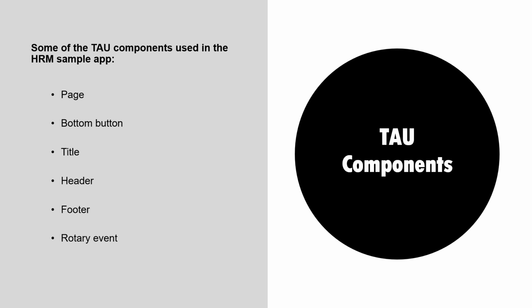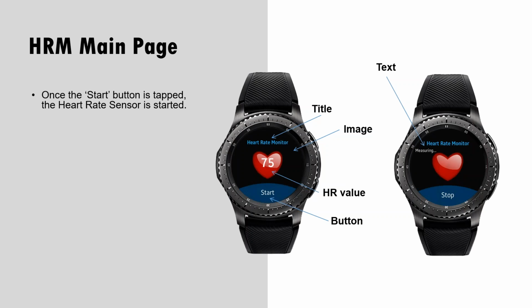So these are some of the Tau UI components that we have used in the sample app. I have used the page, a bottom button, title, header, footer, and we also use the rotary event. As you can see, once the start button is tapped, the heart rate sensor is started.